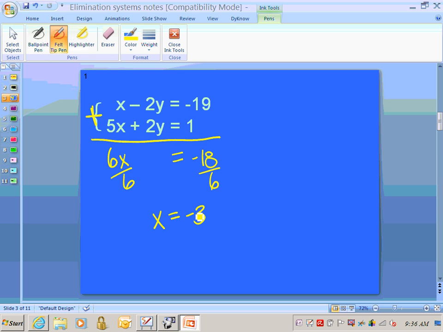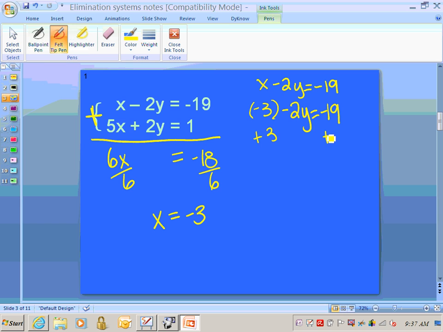Okay. Which one do y'all want to fill it back into? Top one? So if I have x minus 2y equals negative 19, that's going to give me negative 3 minus 2y equals negative 19. So what would I need to do? Good.